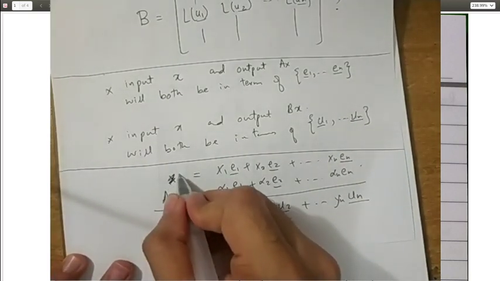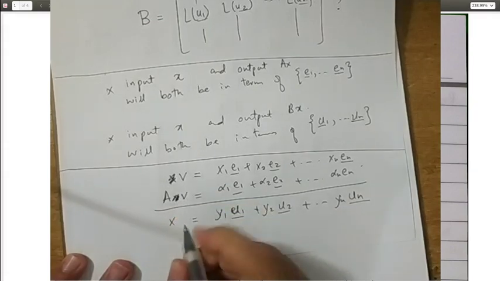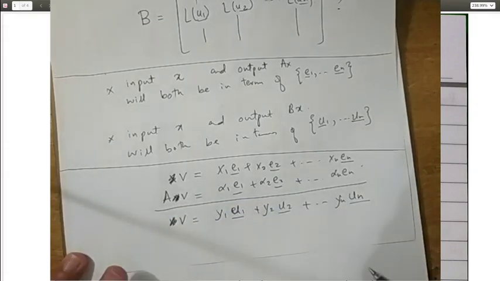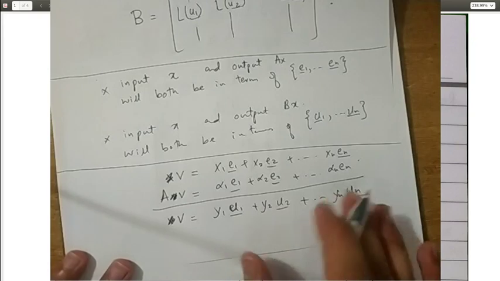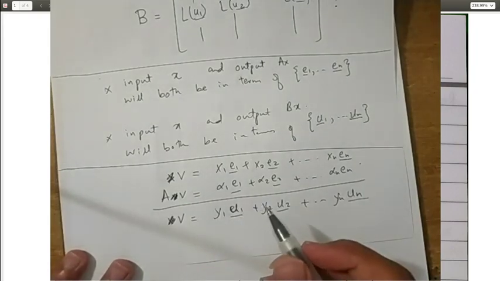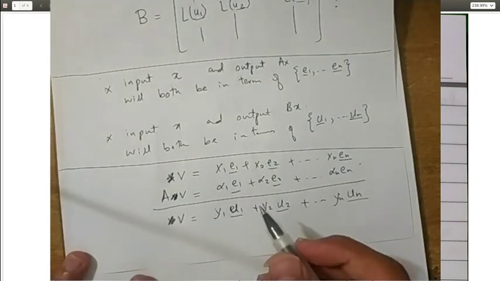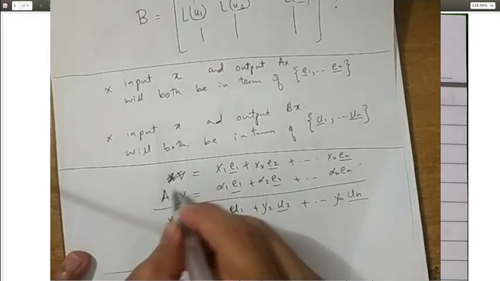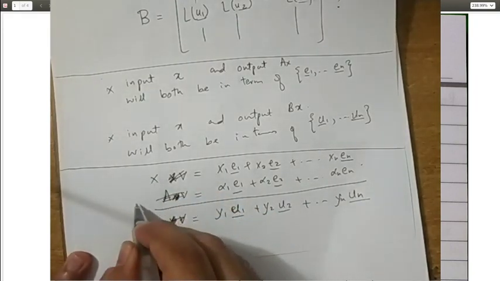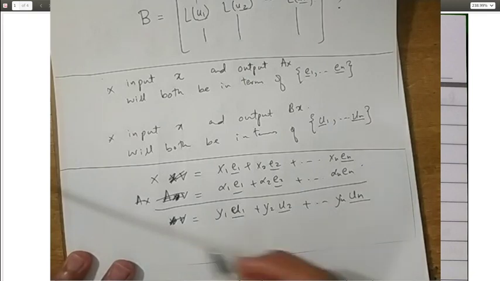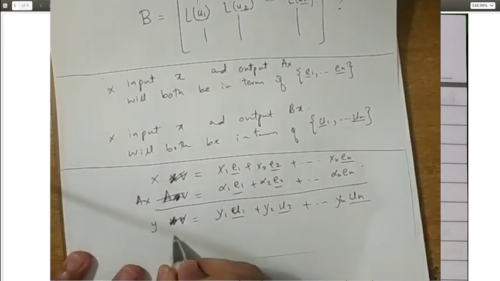Let's just keep this as x and this as Ax, and this is y and this is Ay.